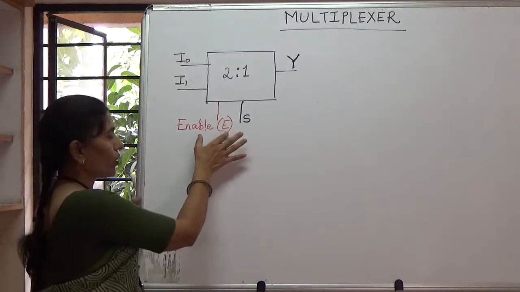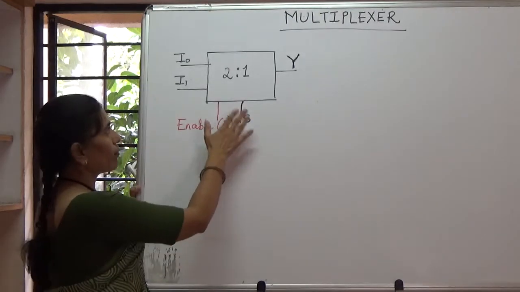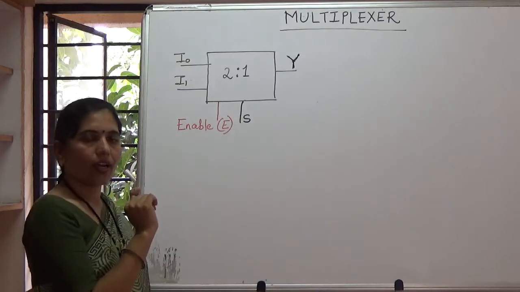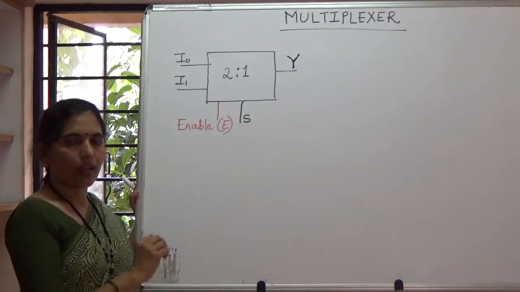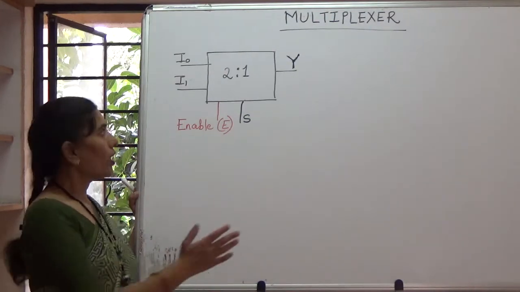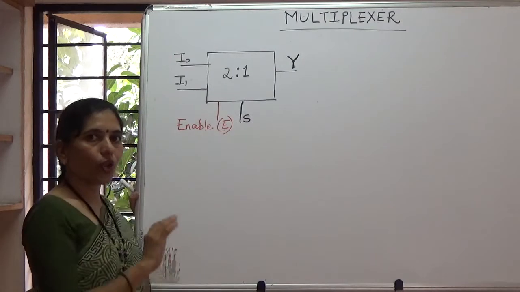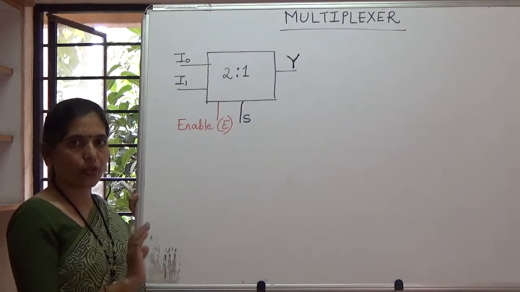For the pin which is shown, which is E over here, this will enable the function of the multiplexer only when the E pin is 1. In other case, if the E pin is made 0, then the multiplexer will not work as a multiplexer. The output will simply be a 0.